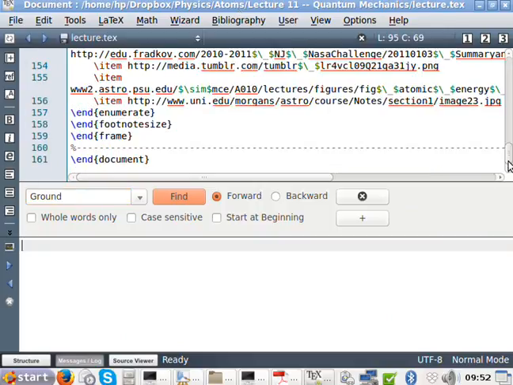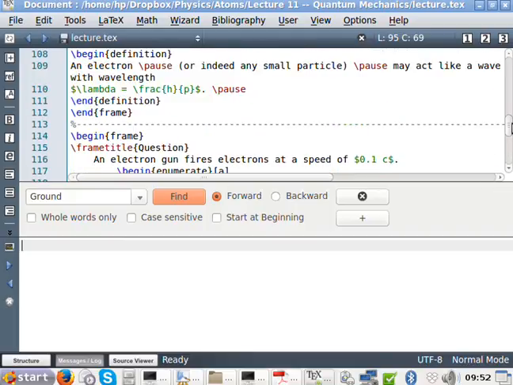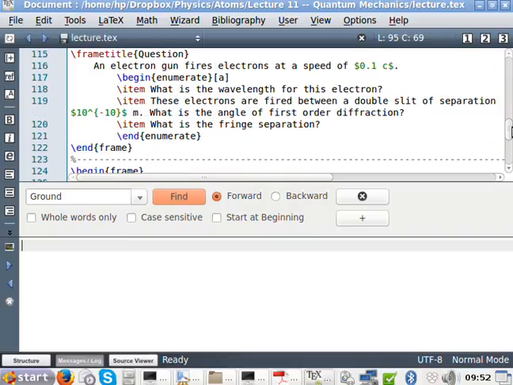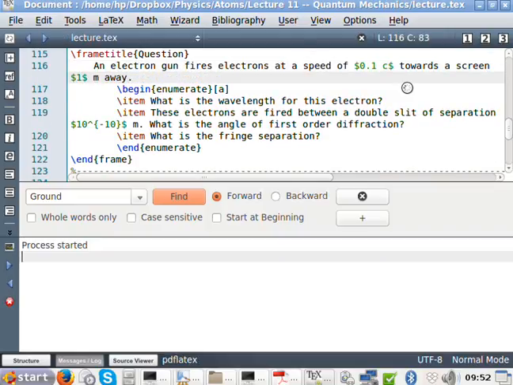And then for my question, I should have a distance of 1 meter away.